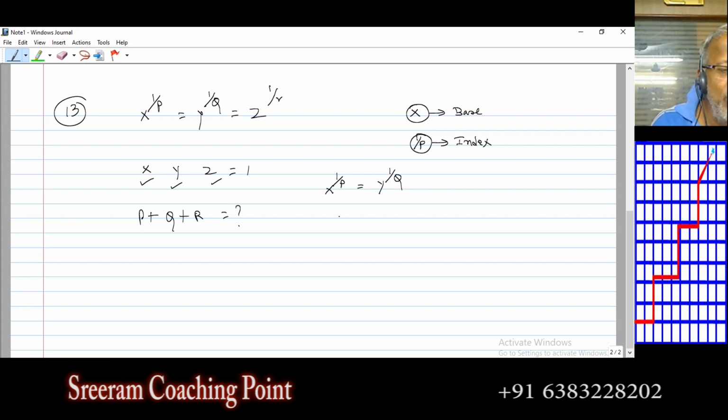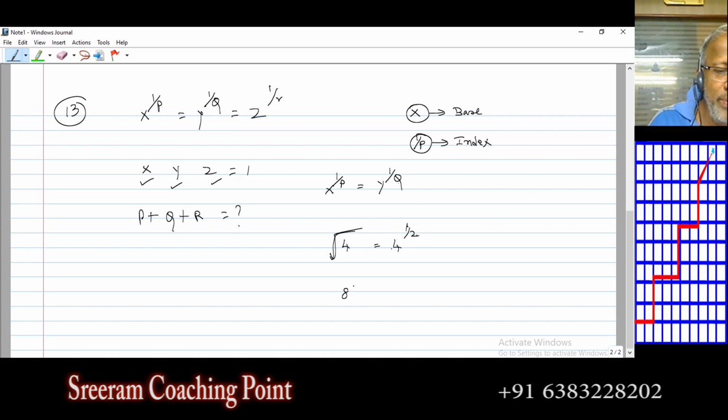If I have to take up x without index, what should we do? 1 by p is to be observed as the pth root, and the qth root for 1 by q. If I have to write the square root of 4, we will write it as 4 to the power half. Correct? So this indication of a half should be understood as square root.